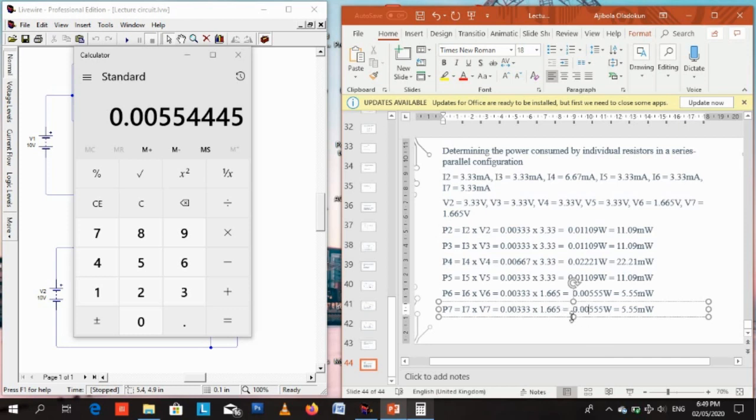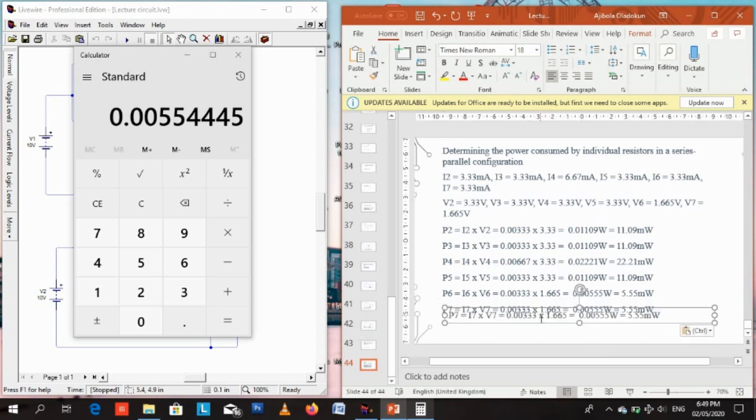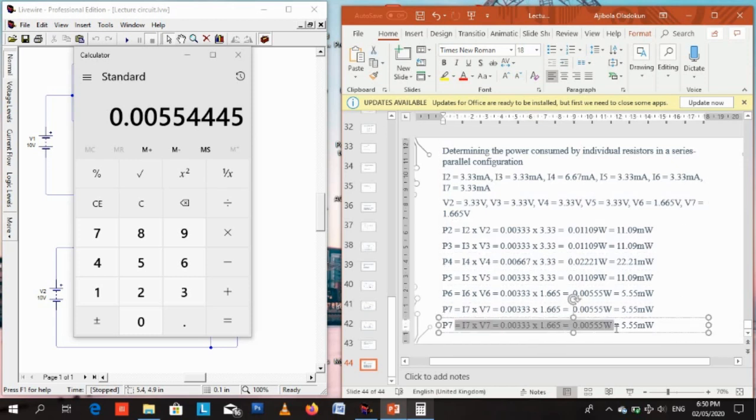So if we multiply that, it will still give us the same thing as we had earlier. P7 will be the same as P6.